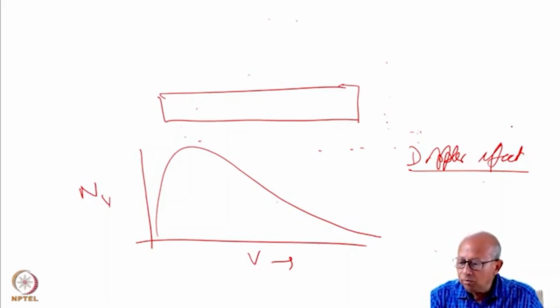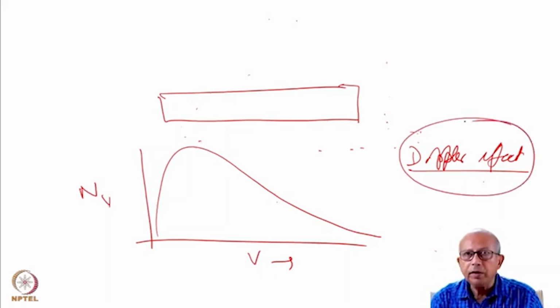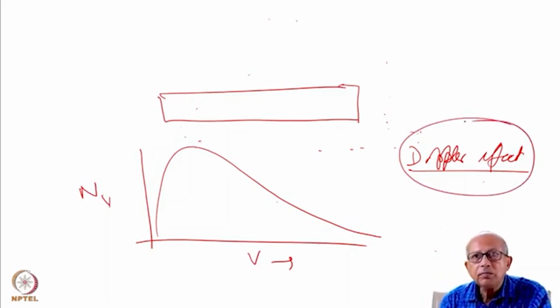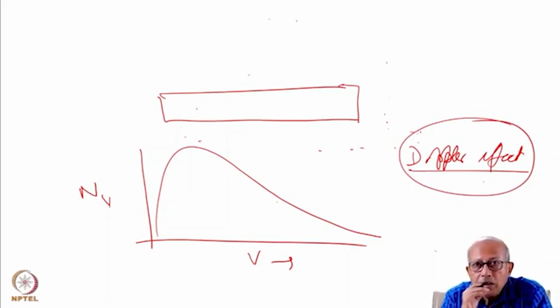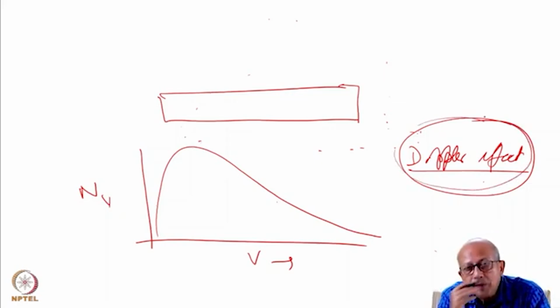And this broadening is called Doppler broadening, which increases with increasing temperature. So here, in case of the helium neon laser, which operates at low pressure, the broadening is predominantly of Doppler nature as a result of the gas temperature.